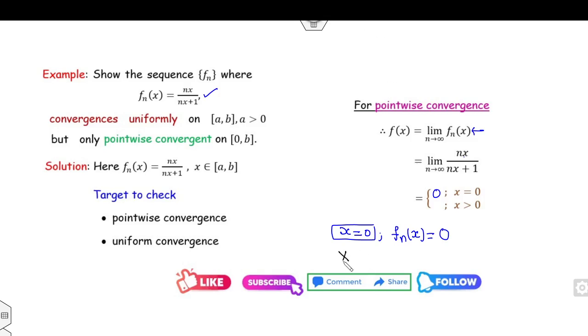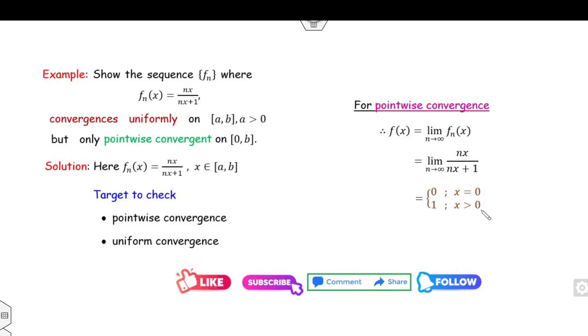On the other hand, when x is greater than 0, fn(x) will be nx over nx plus 1. It is clearly of infinity by infinity form, so I can apply L'Hopital's rule: differentiate with respect to n. It is x over x, because x is non-zero, so the limit is 1.